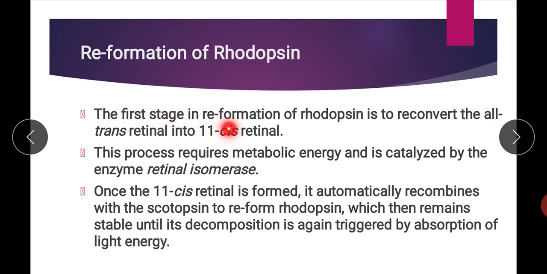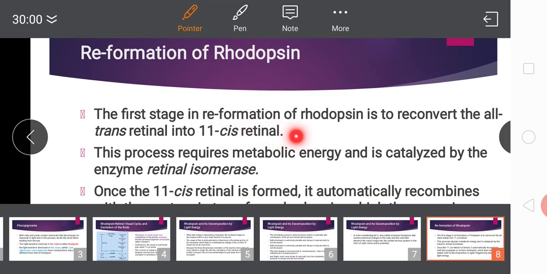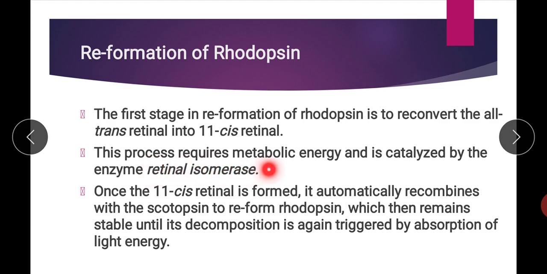The first stage in the reformation of rhodopsin is to reconvert the all trans retinal into 11 cis retinal, because to reform the rhodopsin we require this 11 cis retinal, since all trans retinal is not going to attach with the scotopsin. To form the rhodopsin we require two things: 11 cis retinal plus scotopsin. So first we have to convert the all trans retinal into 11 cis retinal. This process requires metabolic energy and is catalyzed by the enzyme retinal isomerase.